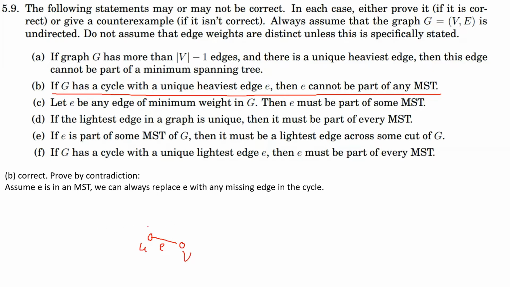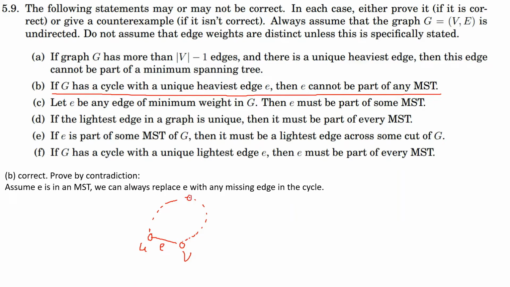And because this is a cycle, this edge has a cycle. First of all, the whole cycle can't appear in the MST at the same time, because an MST is a tree, it can't contain any cycle.